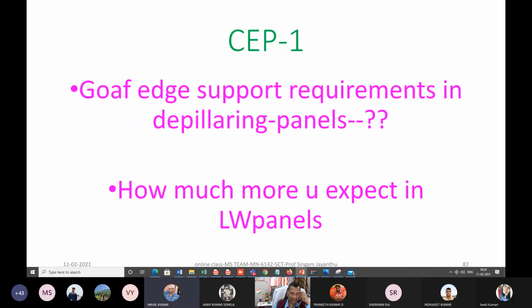We have discussed these things in the last lecture. So the CP1 question is: go for support requirements in repealing panel. How much more do you expect in longwall panels?